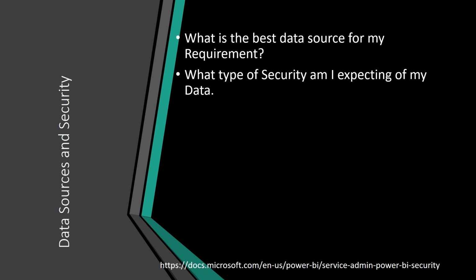But it's always important to understand, if I expect data to be segregated, I have to look at things like row level security. If I expect just to be able to share, then anything goes, inline data sources, etc.